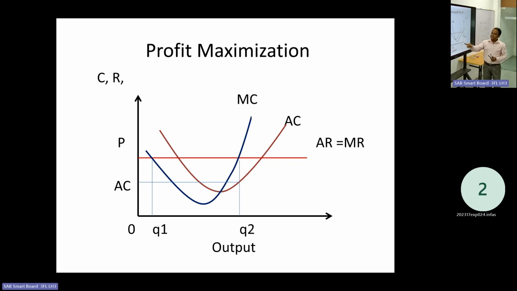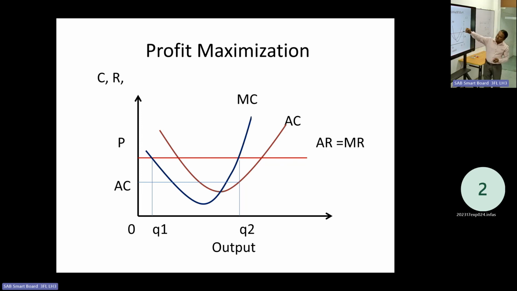At the Q1 and the Q2 level, the first condition is satisfied, but the second condition is not satisfied at the Q1 level. What is the second condition? Marginal cost should be greater than marginal revenue beyond that point. At Q1, marginal cost equals marginal revenue, that is okay, but beyond the Q1 level, marginal revenue is higher than the marginal cost.